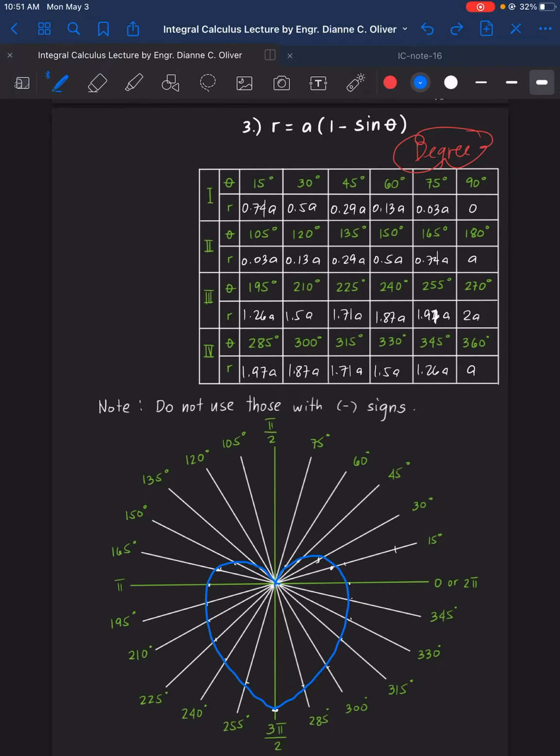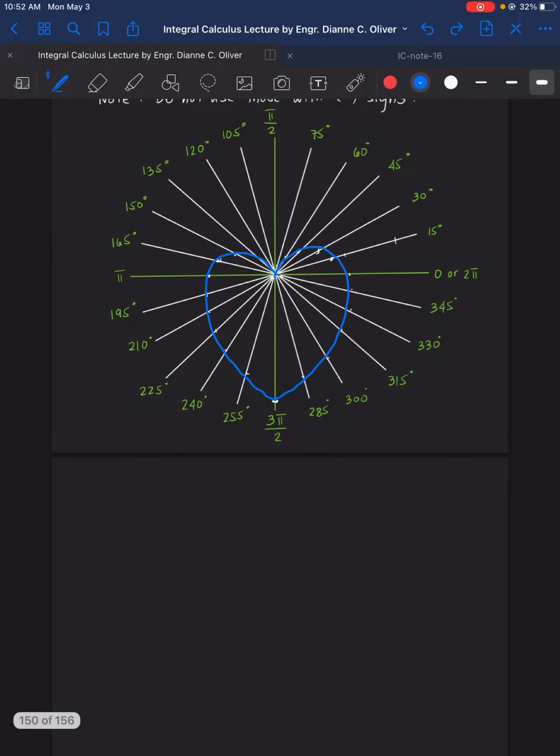So for the math geeks out there, if you want to court someone, just send them this formula, r equals a(1 minus sine theta), because it is a heart and it requires effort in sketching, and it makes sense. So we have a cardioid, and we are looking for the area inside this heart.